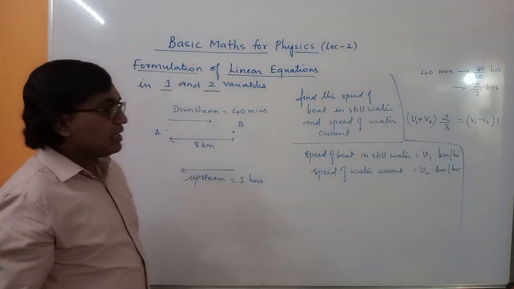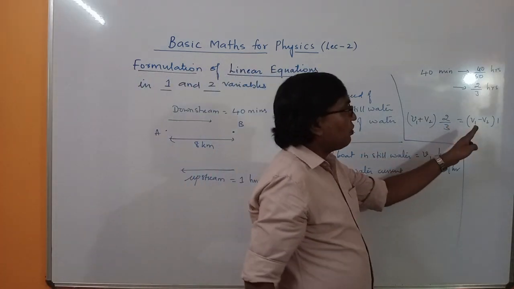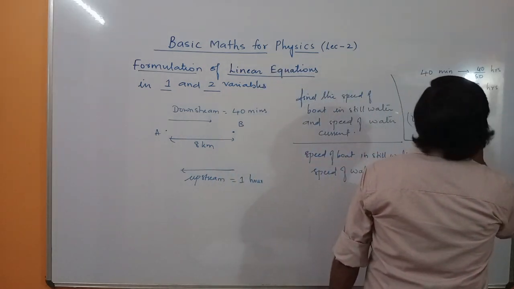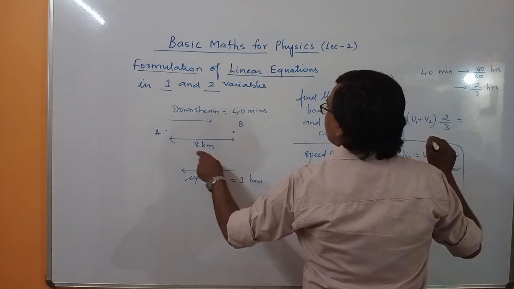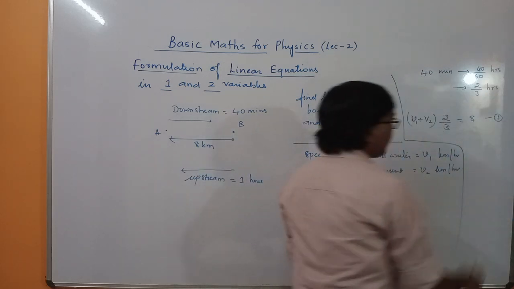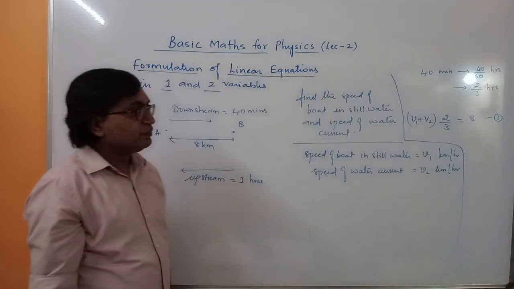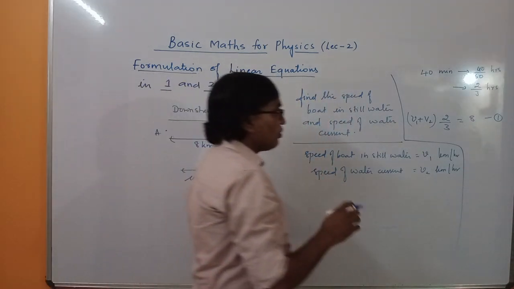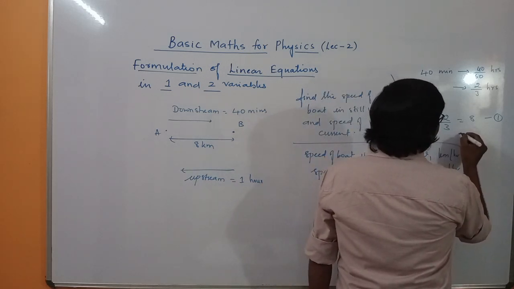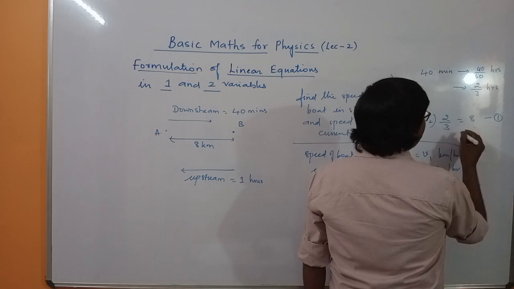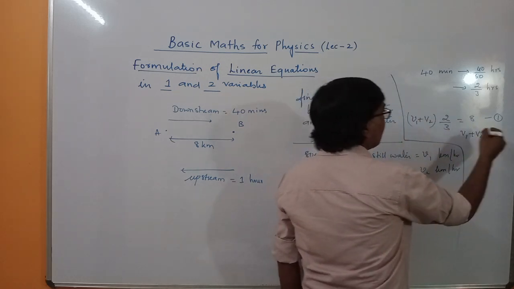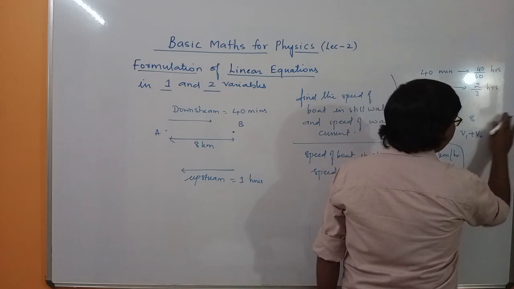This will give you the relation between V1 and V2, or you can write in terms of distance. So we will get two equations. Distance is 8 kilometers, so this should be 8. So this will be our equation 1. Then we will get, 2 will cancel, so V1 plus V2 is 4 threes are 12. So this is equation 1.